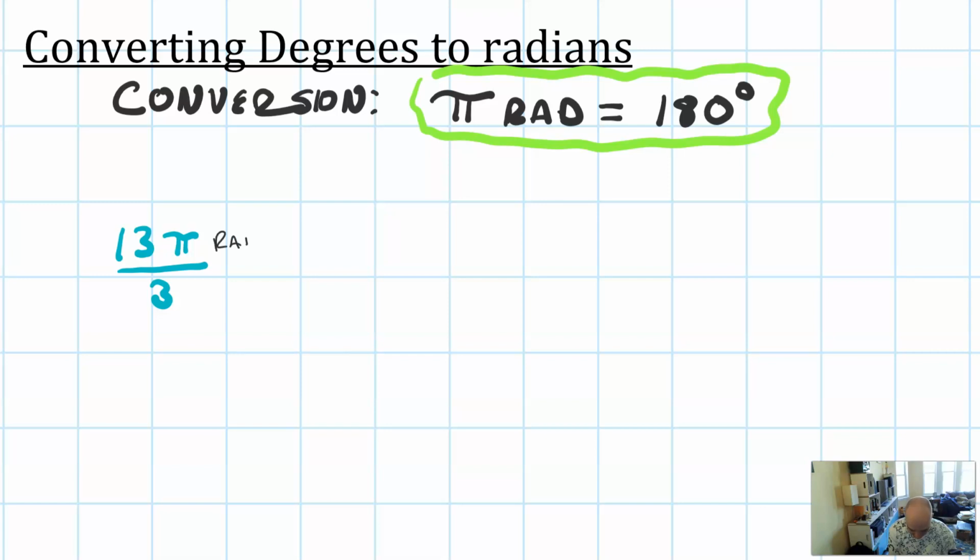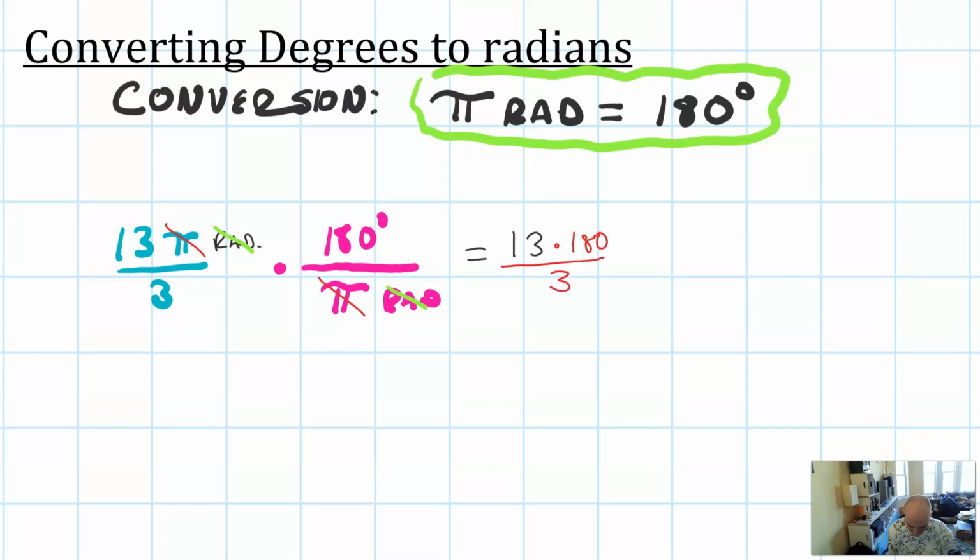Well, I'll make the note that this is radians. Now I'm going to use some dimensional analysis. Let's multiply by the conversion factor that relates degrees to radians, and I want radians on the bottom. So I'll put pi radians on the bottom and 180 degrees on the top. When we multiply these, the units of radians cancel out, and the pi's do cancel out here, so we end up with 13 times 180 over 3.